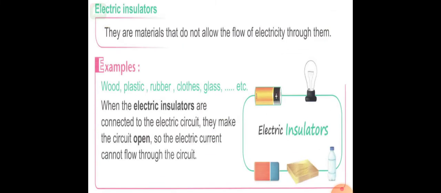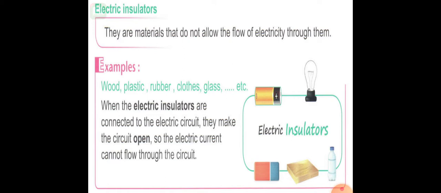What about the electric insulators? They are the opposite of the electric conductors. They are the materials that don't allow the flow of electricity through them, such as wood, plastic, rubber, clothes, glass. When the electric insulators are connected to the electric circuit, they make the circuit open.